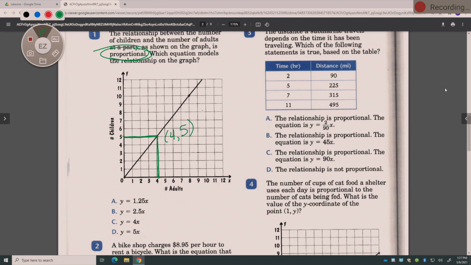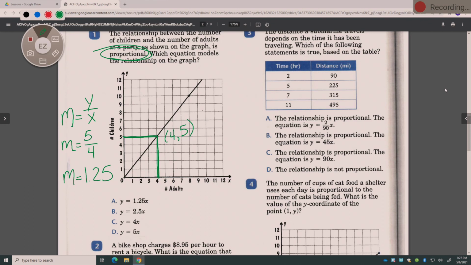We know it's proportional because they've told us. So to find my slope, I can just do y divided by x, or m equals 5 divided by 4. And if I do 5 divided by 4 as a decimal, that is 1.25.